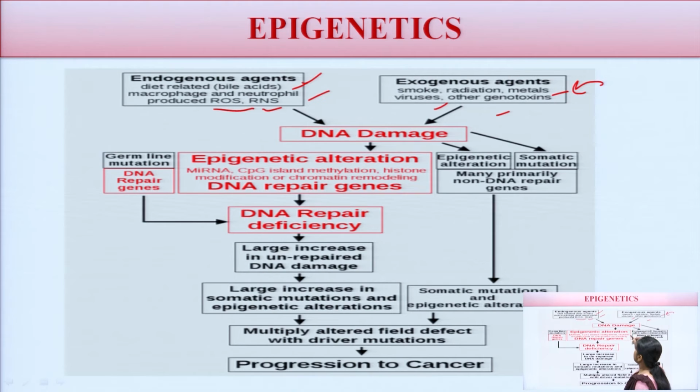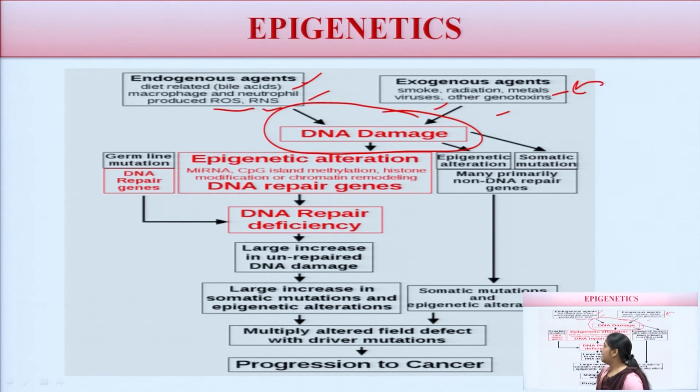So, what do they do? They damage the DNA, and when the DNA gets damaged, epigenetic alteration occurs, by which the DNA tries to repair itself, right. There are epigenetic alterations like miRNA, CpG island methylation, histone protein modification, and chromatin remodeling.